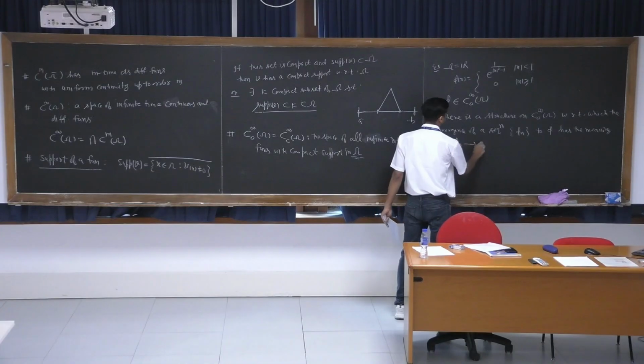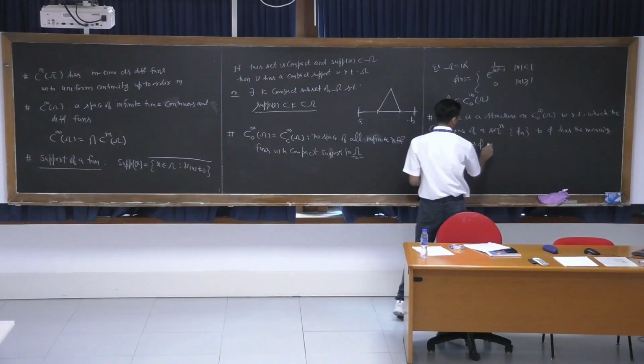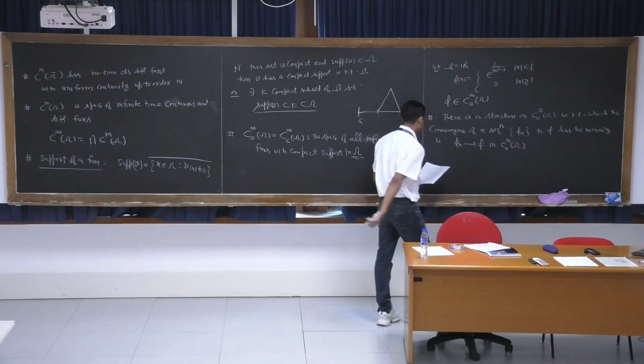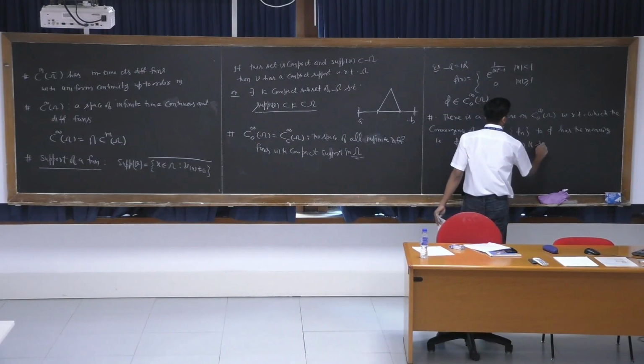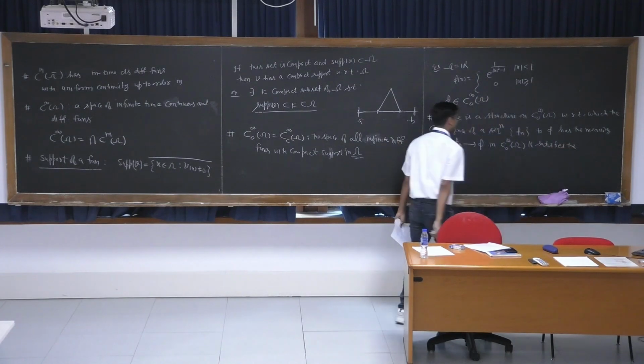Phi n converges to phi in C0 infinity if it satisfies these properties.